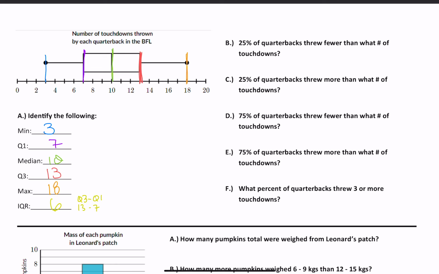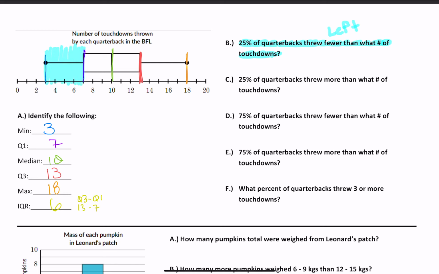All right, highlighter time. So 25% of quarterbacks threw fewer than what number of touchdowns? Okay, so fewer means we're going to start on the left. So we're going to highlight the first 25%, which is right here.